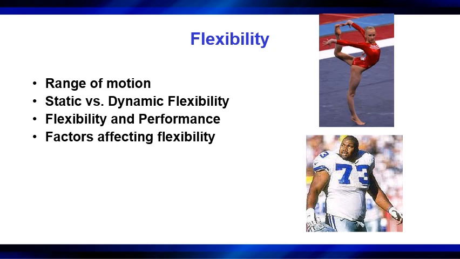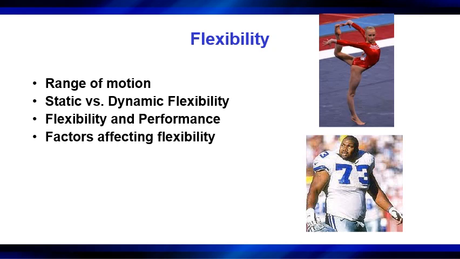Neural control, okay? The nervous system is going to impact how much flexibility is available as well. So it's not just the makeup of the tissue itself, but also the nervous system input that's going to affect it. So the effects of the central nervous system and peripheral nervous system are all going to impact flexibility.